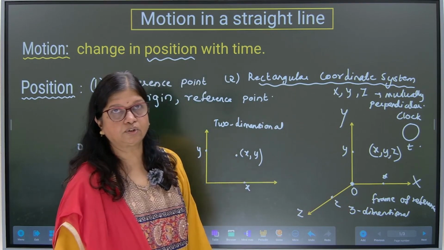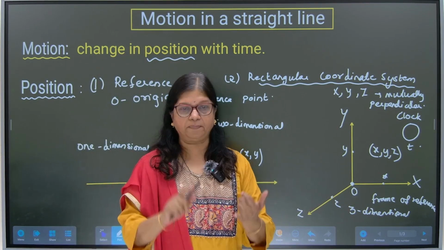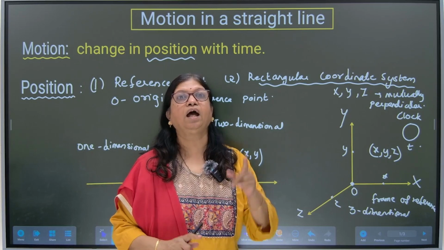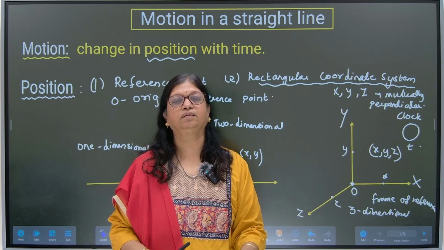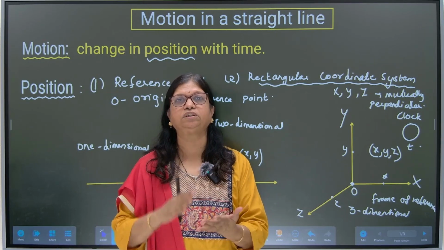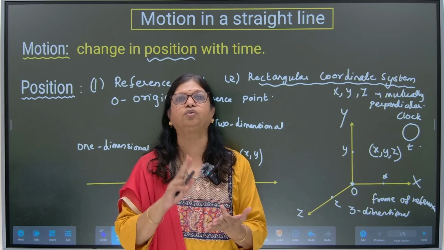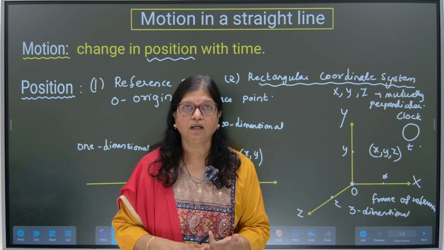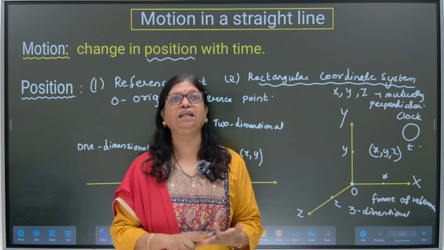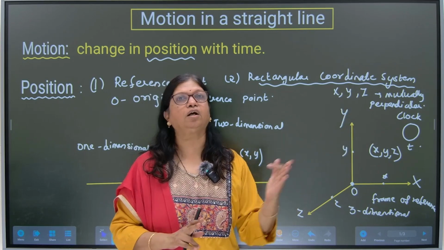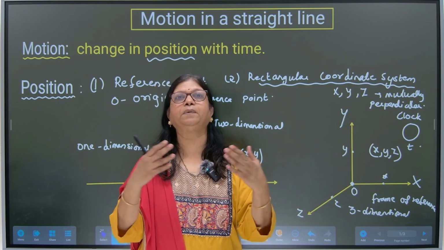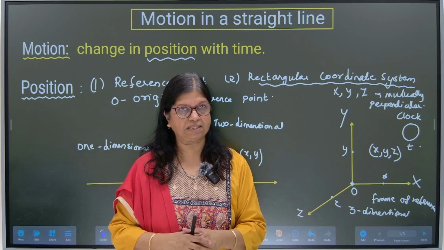So to determine the position of a body, I require a coordinate system which is one-dimensional or two-dimensional or three-dimensional. Along with that, I need a time, a clock. Then it becomes a frame of reference.